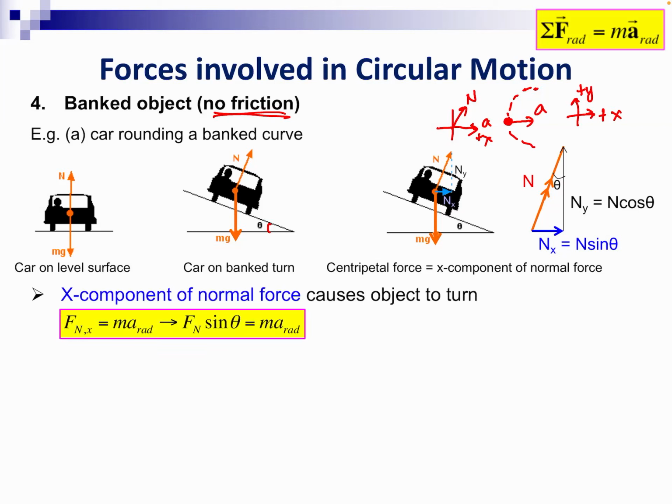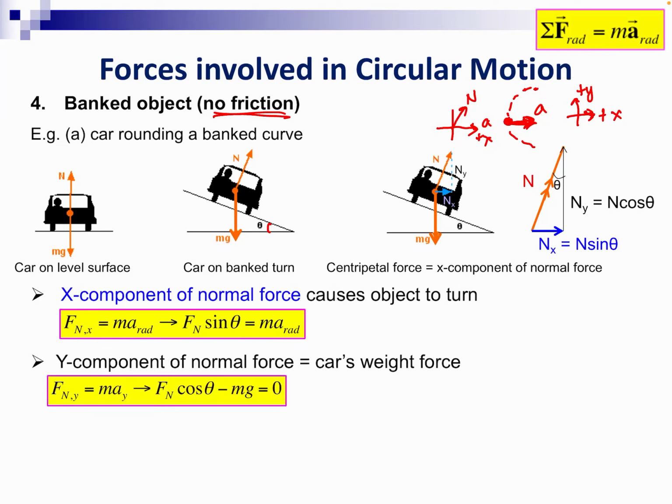So then if we solve Newton's second law of motion in the radial form along the x-axis, which we assign to be in the direction of the acceleration, and the acceleration is the radial acceleration, the x component of the normal force is equal to the mass times the radial acceleration. Okay.